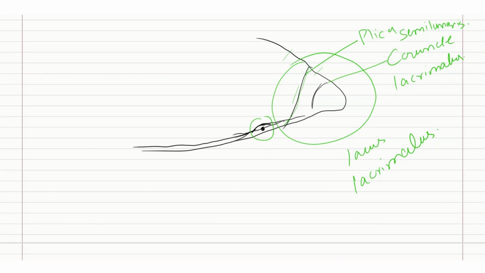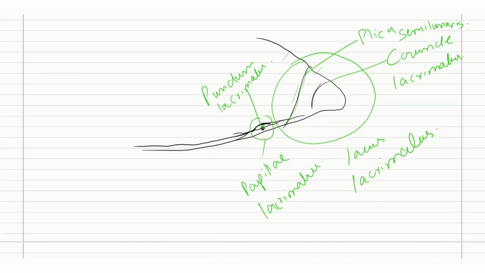This elevation is called papilla lacrimalis, and this oval structure is called punctum lacrimalis. Punctum lacrimalis and papilla lacrimalis, these two structures are also present in the upper eyelid.